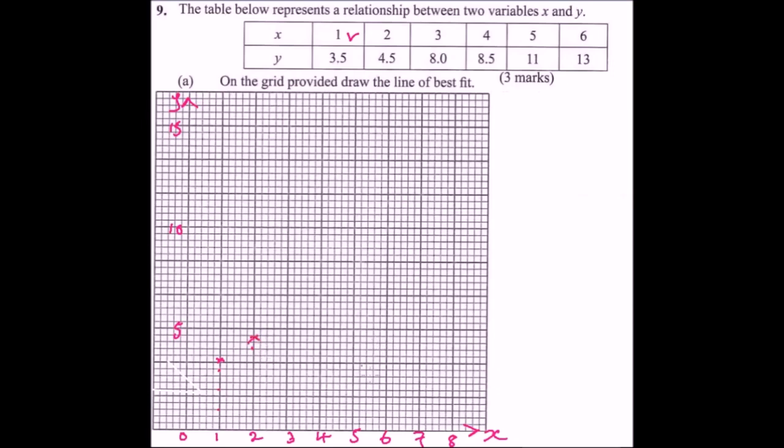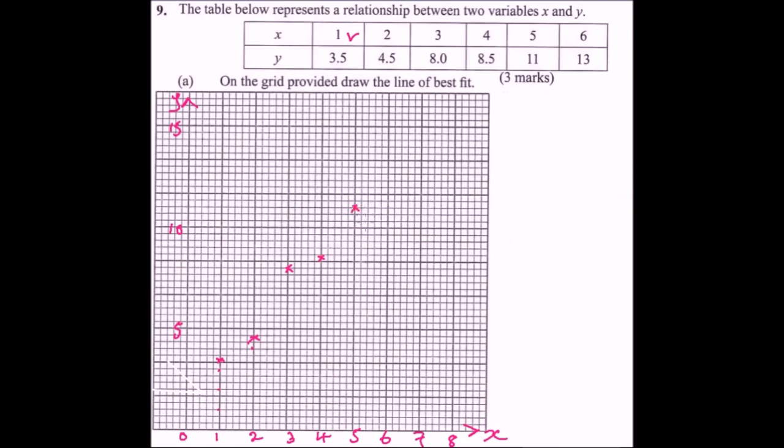Then when x is 3, y is 8, so 8 you have it somewhere there. Then when x is 4, y is 8.5, so 8.5 will be there. Then when x is 5, y is 11, so 11 will be somewhere there.